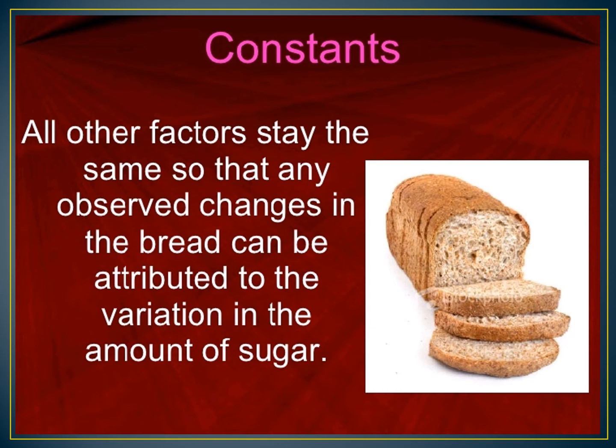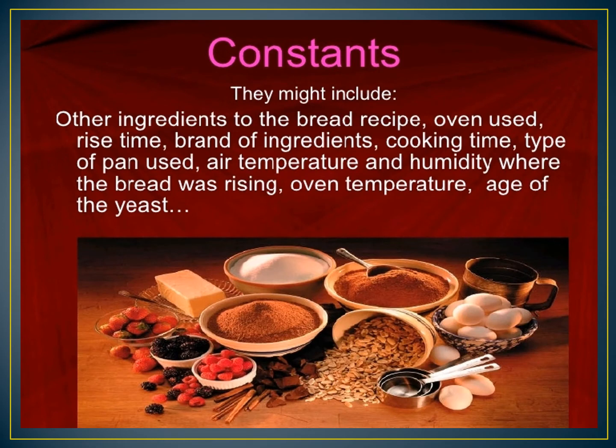Okay, so now let's proceed to the term constants. All other factors stay the same so that any observed changes in the bread can be attributed to the variation in the amount of sugar. So again, constant meaning stay the same or hindi nagbabago. Okay, so for John's case, the factors that he will keep constant or the same are the other ingredients to the bread recipe.